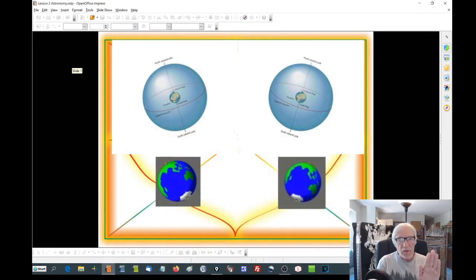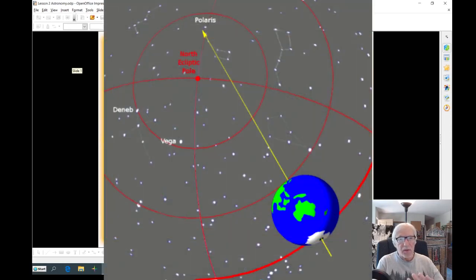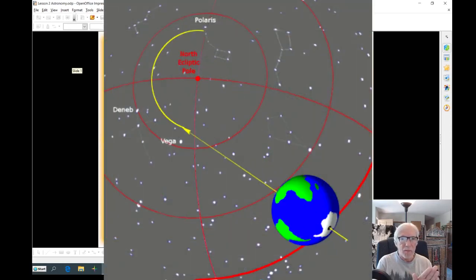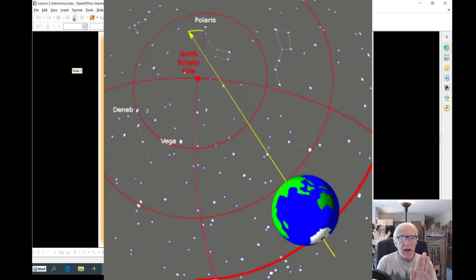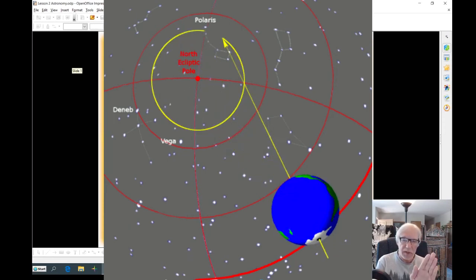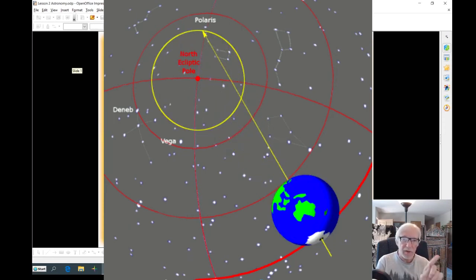So this is a natural occurrence and it takes approximately 26,000 years for the Earth to make one complete motion back and forth. So you can see, as we're spinning on our axis, we're not spinning straight in space like that previous illustration. We're actually spinning, and we're tilting as we spin. So the Earth is still spinning on its axis, but it's moving back and forth kind of like a top.